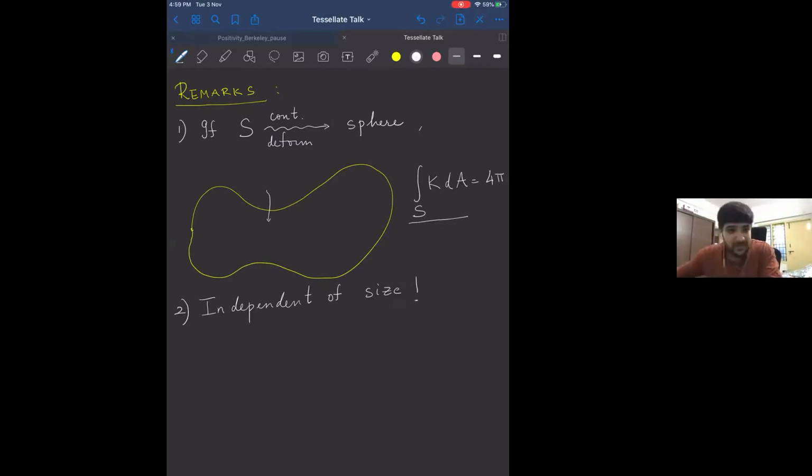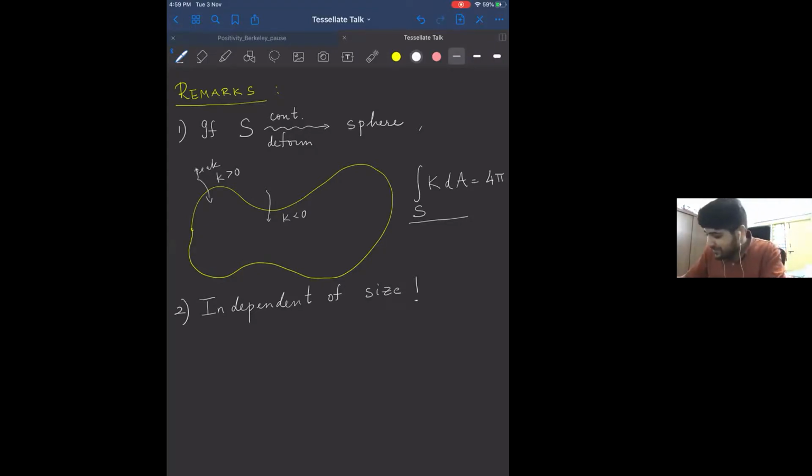When you introduce this deformation, you may have added peaks where the curvature is really large and positive, and valleys where the curvature might be negative. But it will again redistribute itself so beautifully that the total curvature will remain unchanged. It will always be 4 pi.